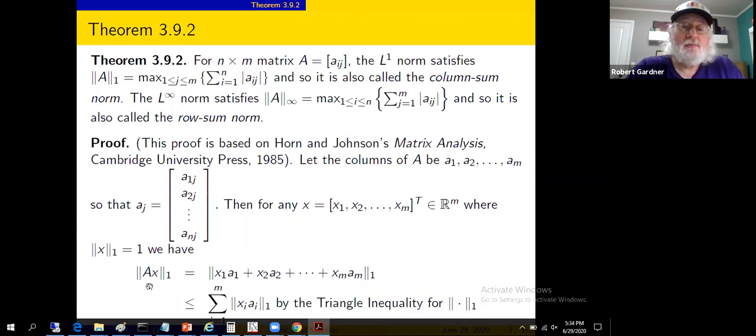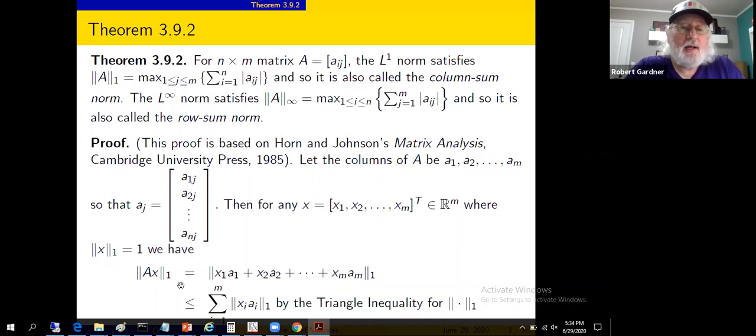The maximum over all such vectors x is the L1 matrix norm. This is a vector norm here because A times x is a vector, but you compute the matrix norm by taking a maximum, since we're in finite dimensions, over all unit vectors x of this quantity.